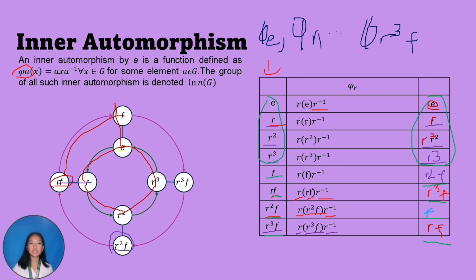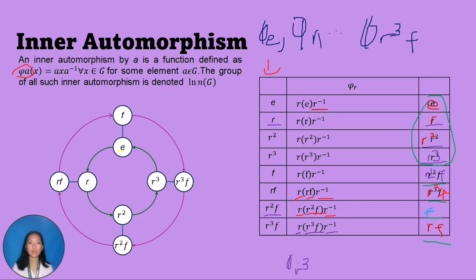For instance, if we look at P sub R cube, let's see what will happen. But first, let's clean this up. And let's check one rotation and one reflection to see if they give us the same as P sub R cube.